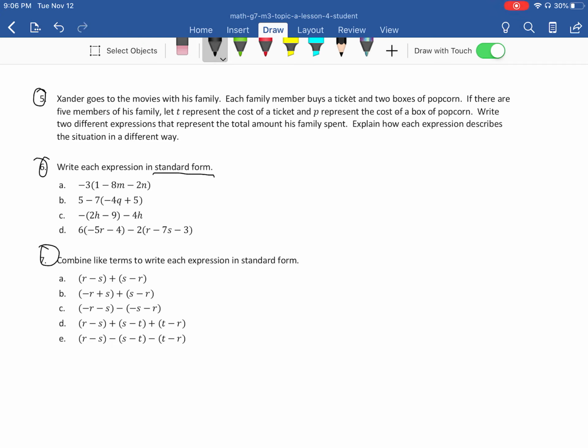That means there is only one whole number and one number with each variable. If I say 2x plus x, that is not in standard form. I cannot have two of the same variable and be in standard form, so I need to write that as 3x.